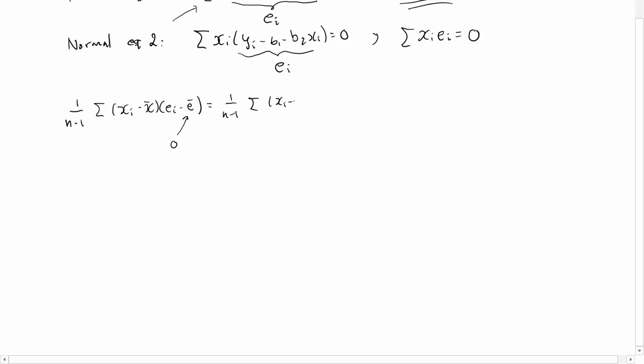Xi minus x bar times ei. And if I open the parentheses, this is 1 over n minus 1 times the summation of xi times ei minus x bar times ei. I can divide this up into two sums.